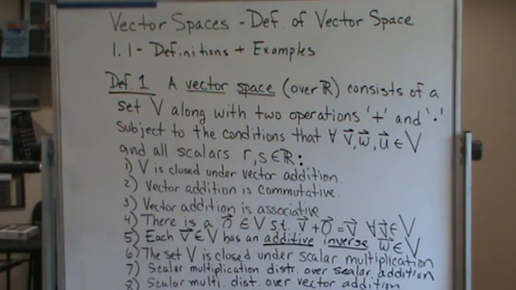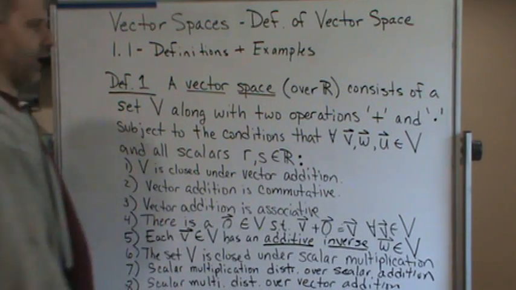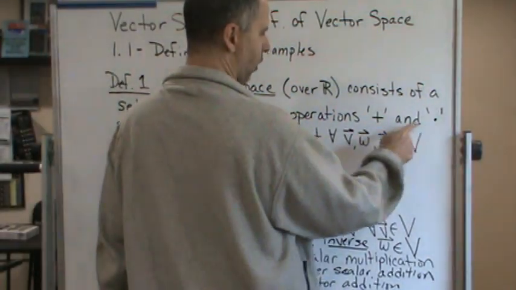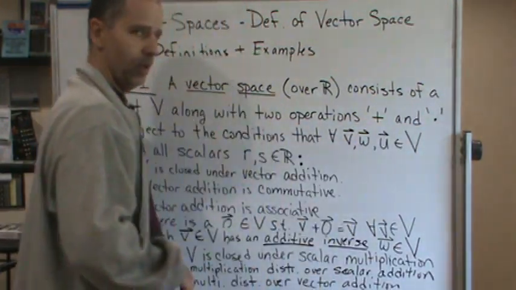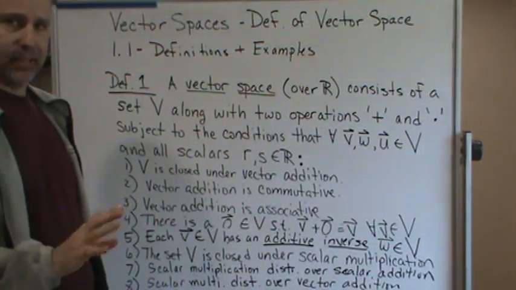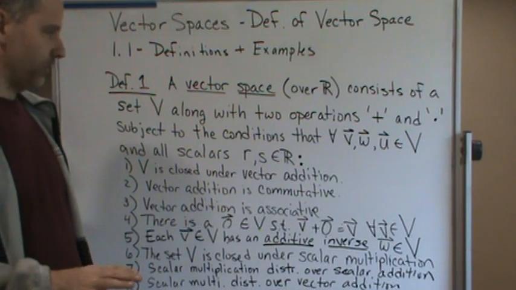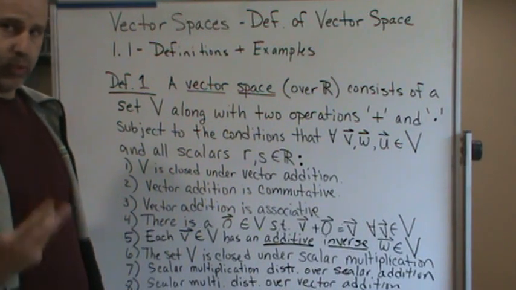Okay, so the definition of a vector space over the reals consists of a set V along with two operations, and again I got these in quotes because I don't want you to confuse these with regular adding and subtracting or multiplication that we've seen with real numbers.